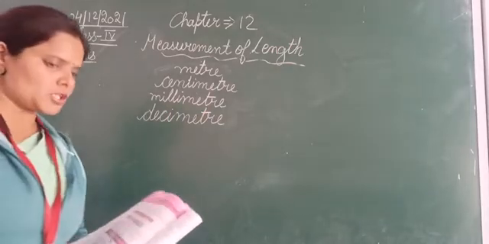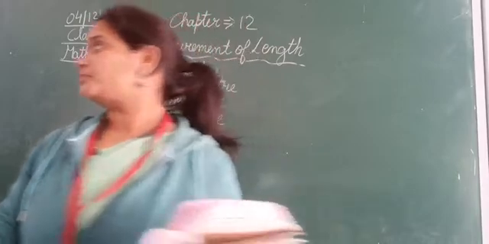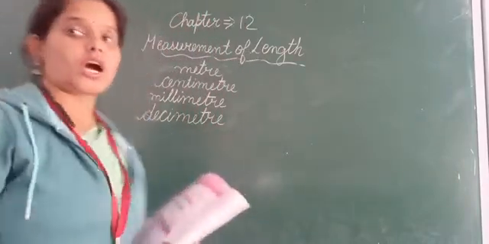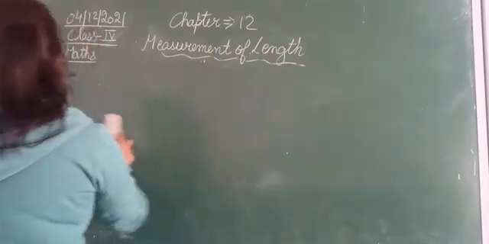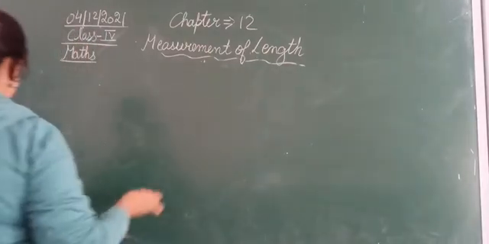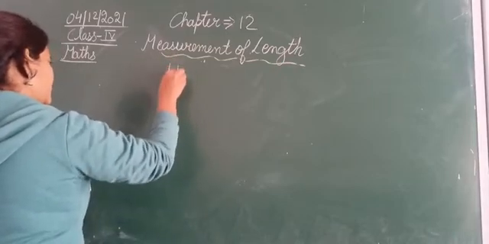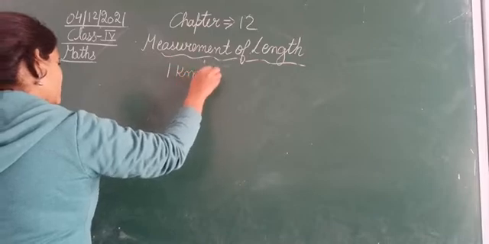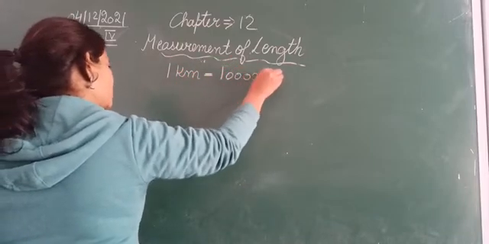So first, a few important things that you have to keep in your mind, that we use for the conversion purpose basically. So just write down: 1 kilometer is equal to 1,000 meters.